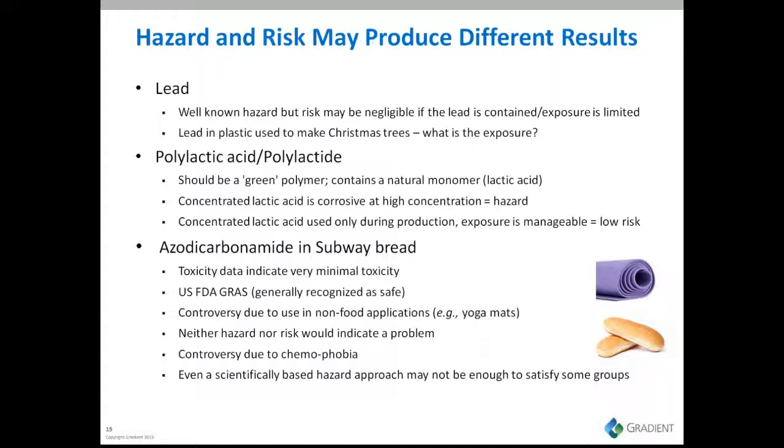As a result, the US FDA lists it as generally recognized as safe and it can be included in foods. The controversy arose because it's also used in non-food applications, for example, in yoga mats. So in this case, neither the hazard, that is its inherent toxicity, nor the level of exposure from the Subway bread would really indicate a problem.